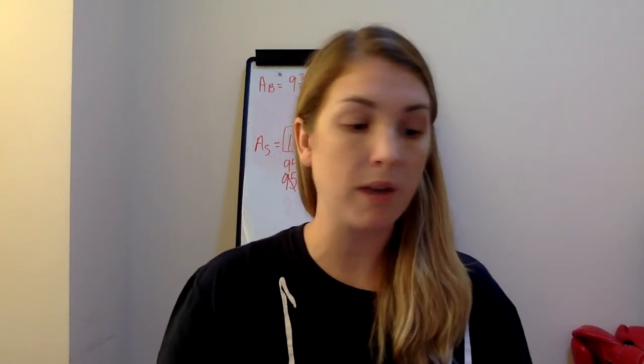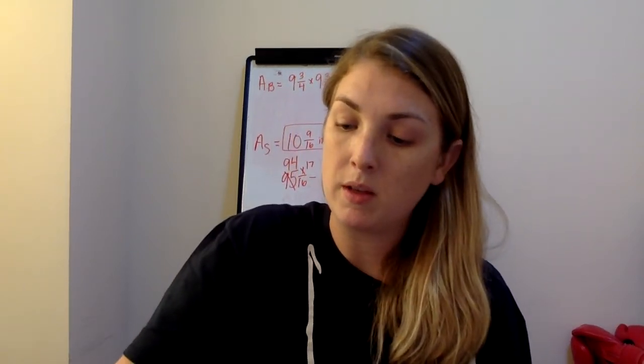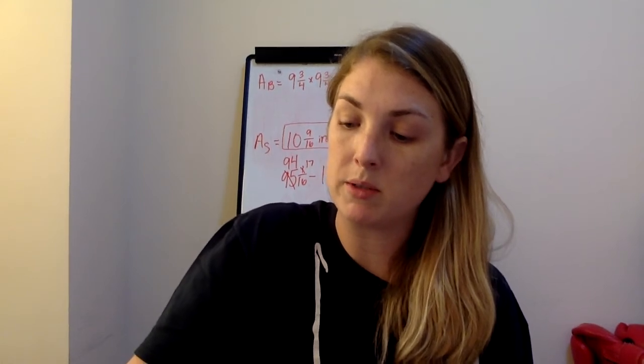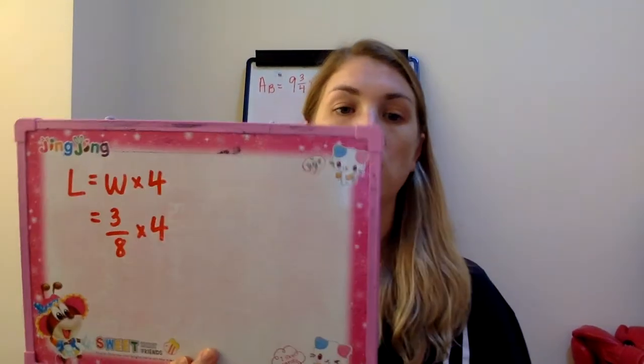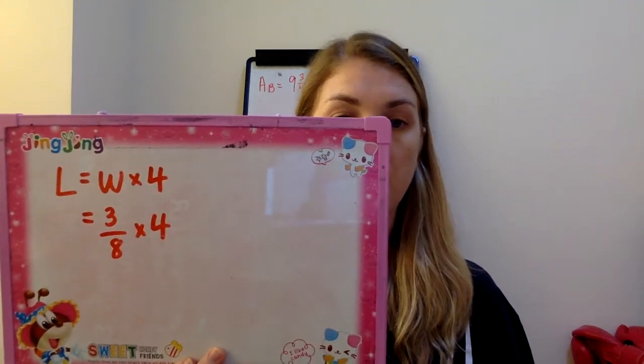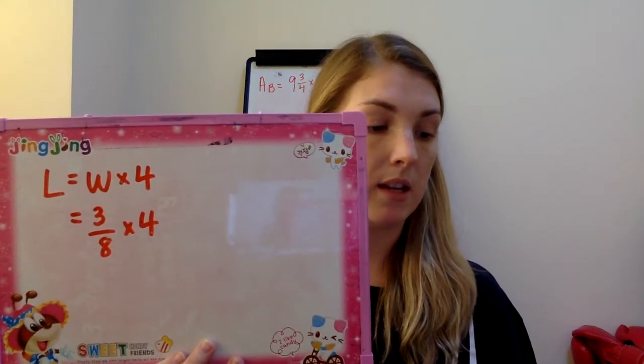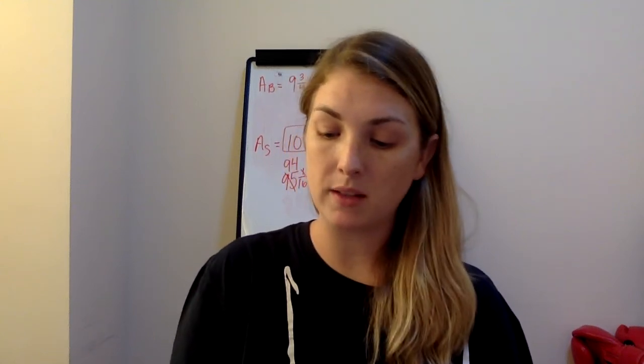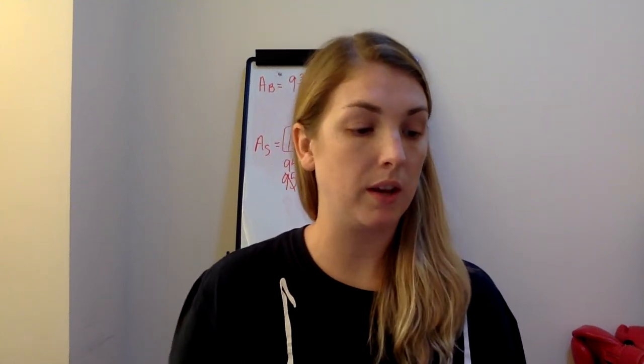Have they given us the width? They have, 3/8 meters. So I'm going to sub in a multiplication problem: 3/8 times 4. 3/8 again is the width. I'd like you to pause the video and solve that multiplication right there.